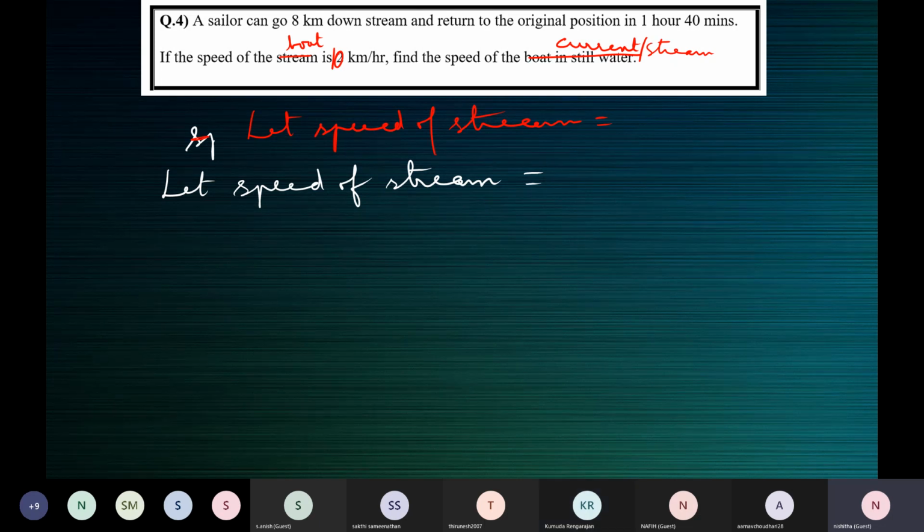Am I not audible? My question is not clear, children. Yes, ma'am, I didn't understand that question. I'm saying I've changed the information in the question. Is that visible? Yes, ma'am. What should we assume here? We are given the speed of the boat, right? So we have to assume the speed of the stream.